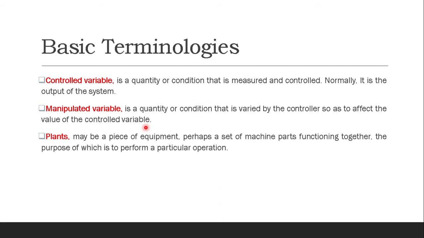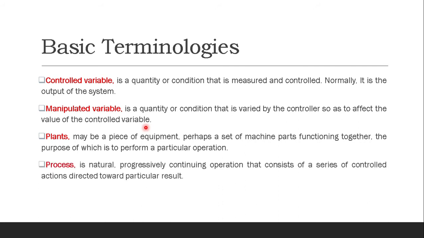The next definition is a process. It is self-explanatory. What is a process? A process is a natural, progressively continuing operation that consists of a series of controlled actions directed towards a particular result. Whatever you are dealing with, if you have some objective to achieve, let's say we are making a plastic bottle in industry, it is a progressively continuing operation.